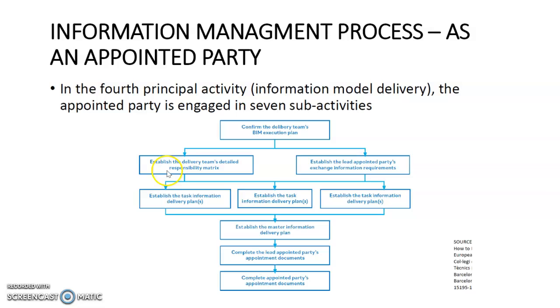He will need to establish the delivery team's detailed responsibility matrix, establish the lead appointed party's exchange information requirements, and then after that establish the task information delivery plans, and establish the master information delivery plans.